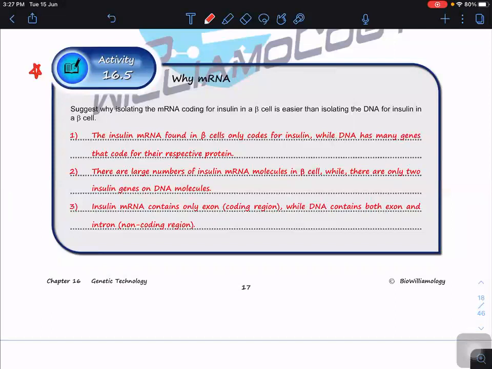Why do we isolate the mRNA coding for insulin in the beta cells rather than the DNA in the beta cells? Because insulin mRNA found in beta cells only codes for the insulin, while DNA has many genes that code for their respective proteins, so it is more difficult to isolate. If you isolate the insulin mRNA, it is easier. Are you clear?